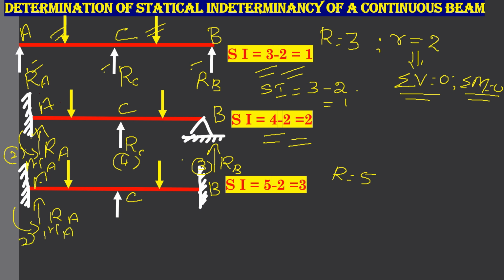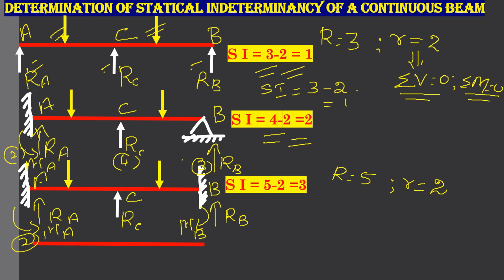So two reactions here, two unknowns at A. RC, so one unknown at C, and we will have vertical reaction at B, that is RB, and a moment at B. So it may be clockwise or anti-clockwise. So totally we have 5 unknowns, and the number of equilibrium equations available is 2. So it is 5 minus 2, it is 3.